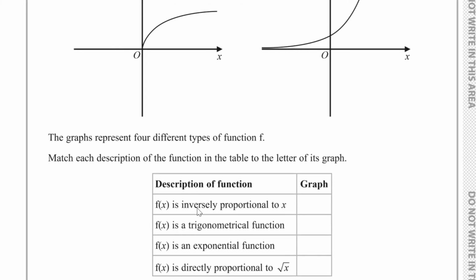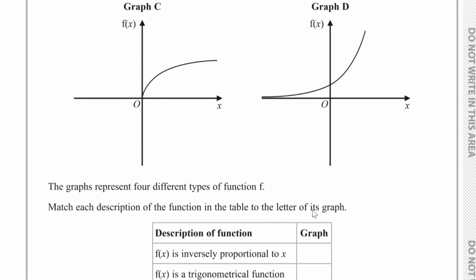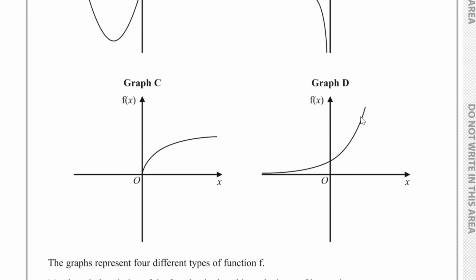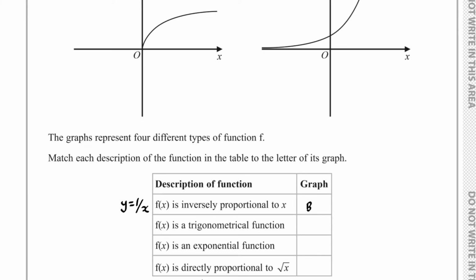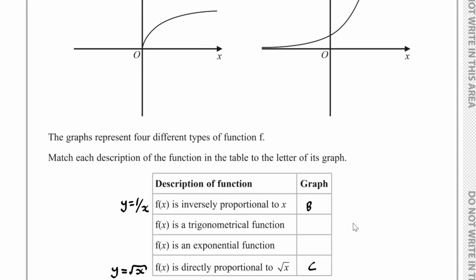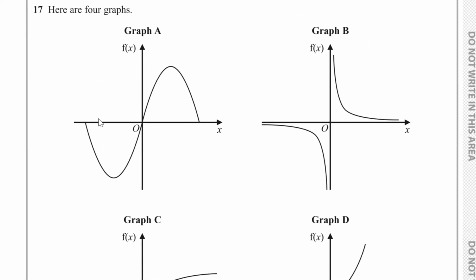So f of x is inversely proportional to x, so that would represent the graph of y equals 1 over x, which is this graph over here, graph B. F of x is directly proportional to the graph y equals square root of x, so here that would correspond to y equals square root x. That would correspond to graph C. An exponential function, that's graph D, and therefore this one is a trigonometric one. It's actually the graph of sine, because it follows the shape of sine.